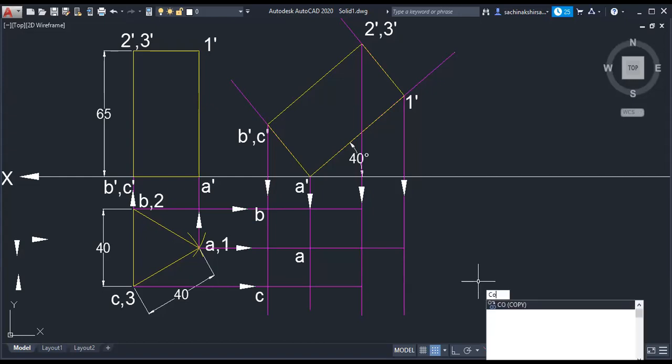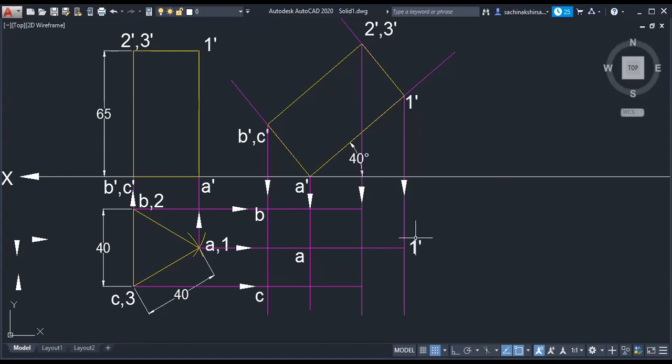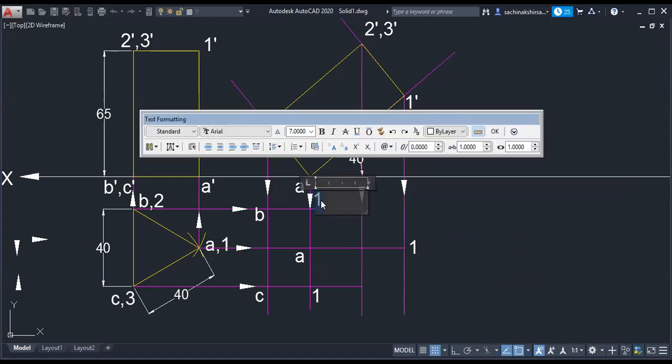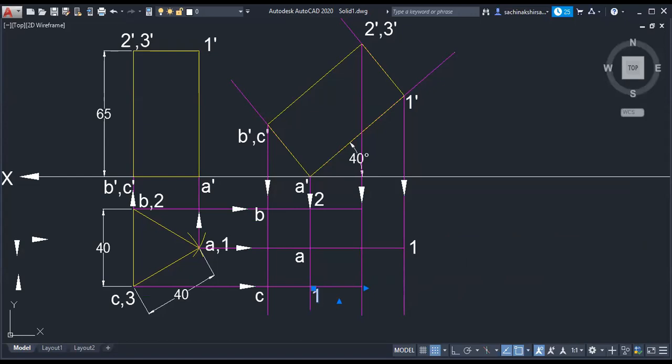Top side. 1, then point 2. Very simple again. Here there will be 3. 2. There will be 3. Means we have joined. Sorry. Very good.